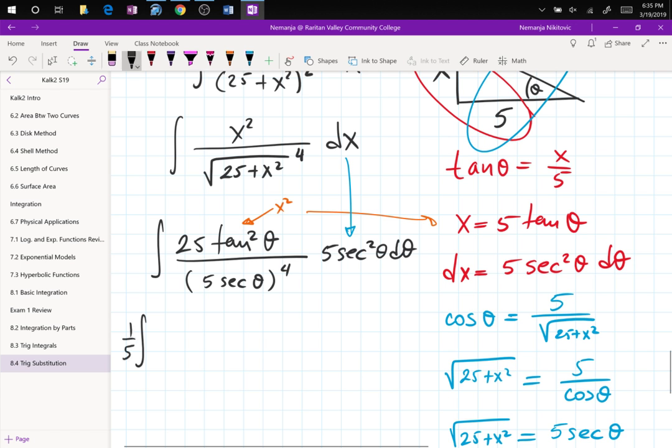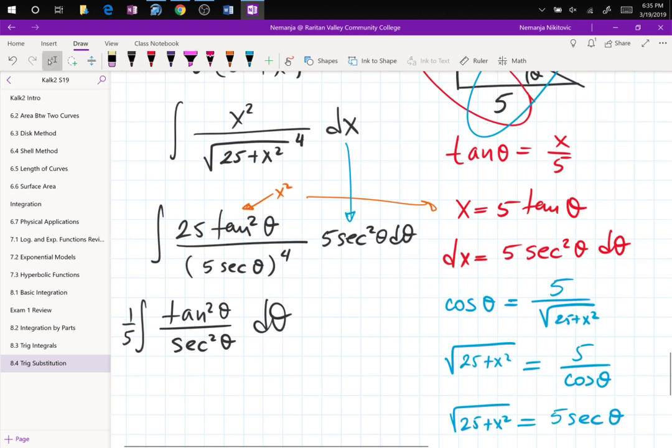So 1/5 in front of the integral sign. How many secants? 2 on the bottom. So I have tangent squared on top and secant squared on the bottom and d theta, and hello 8.3. Now we have to integrate this trig thingy.